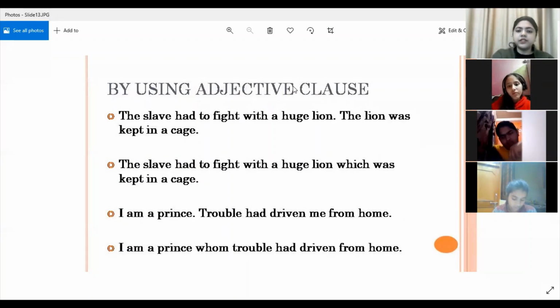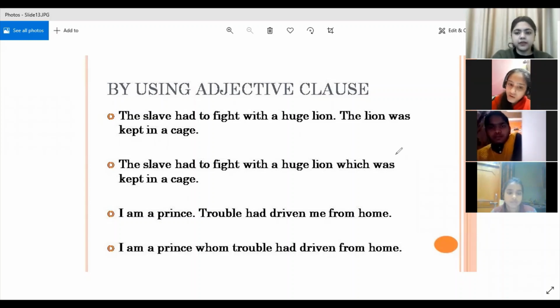Then by using an adjective clause: The slave had to fight with a huge lion. The lion was kept in a cage. How are we going to use an adjective clause? The slave had to fight with a huge lion, which was kept in a cage. All these things you have already done in clauses, but we are doing it under a separate heading now.